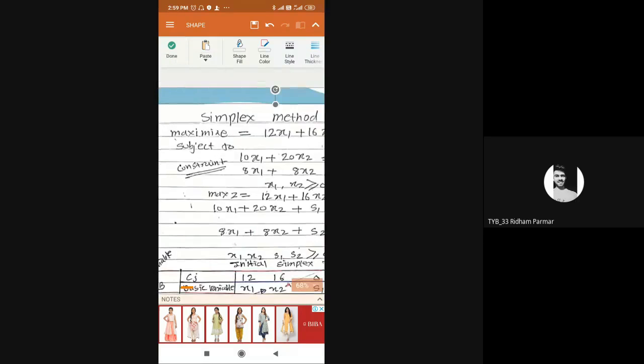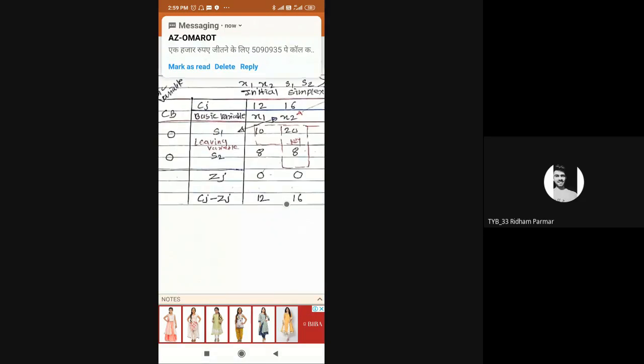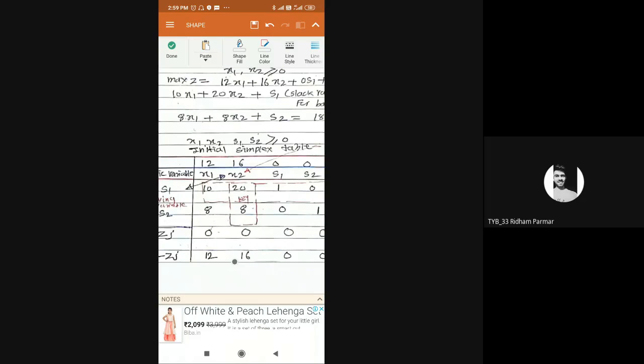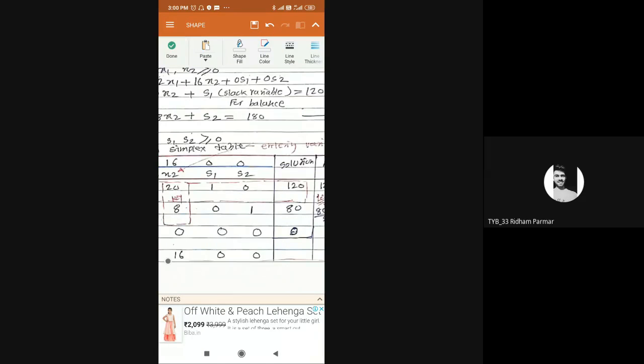In the first equation, the coefficient of s1 is 1 and s2 is 0. For s2, the coefficient of s1 is 0 and for s2 it is 1, equal to 80, 120. Okay, so this is the equation.